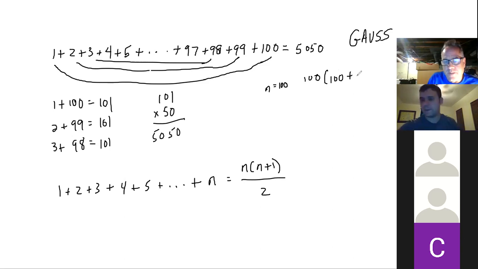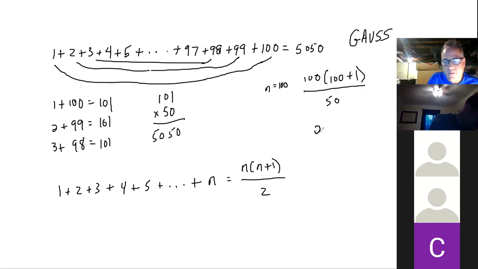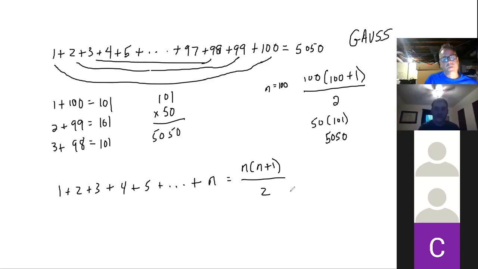And if I plug that in there, well, 2 goes into 100 fifty times, and 100 plus 1 is 101, and I'm right back to 50 times 101. Sum.